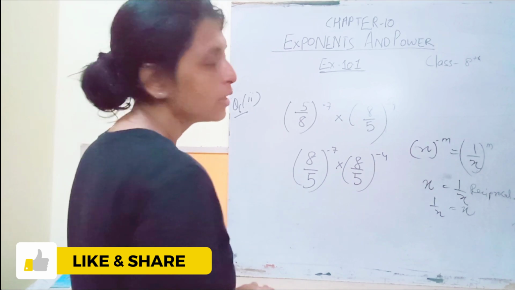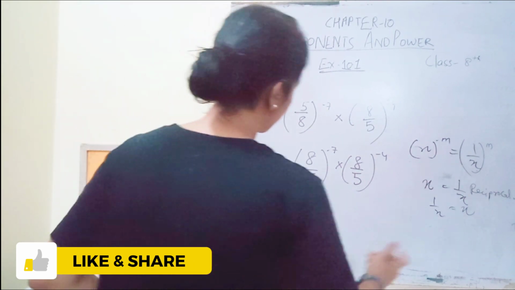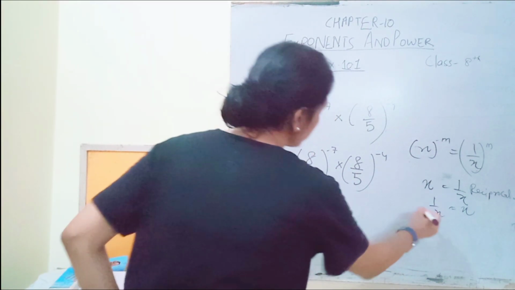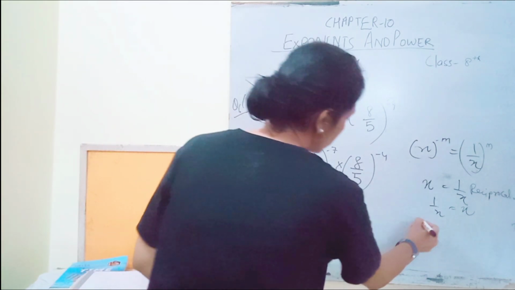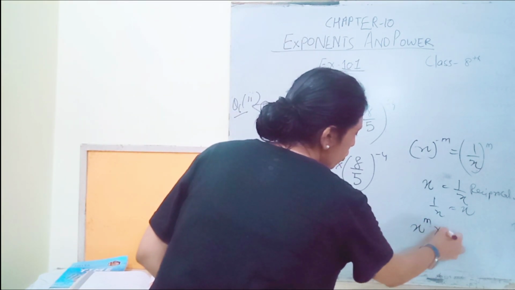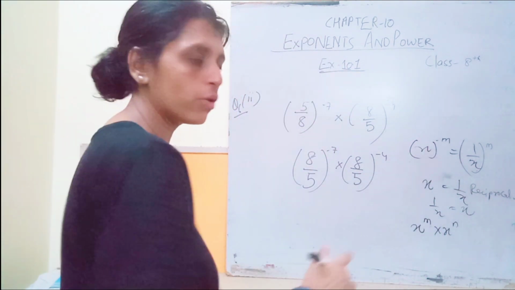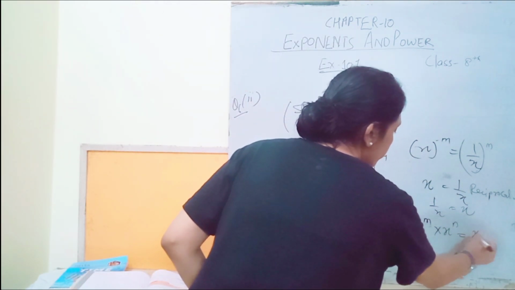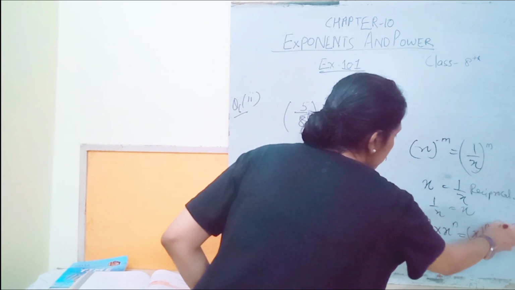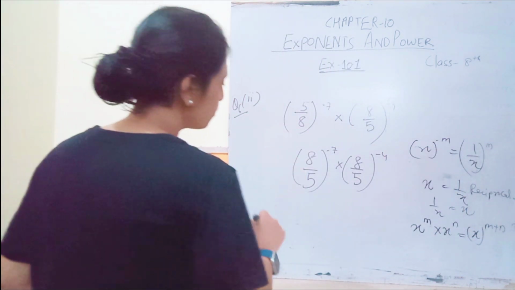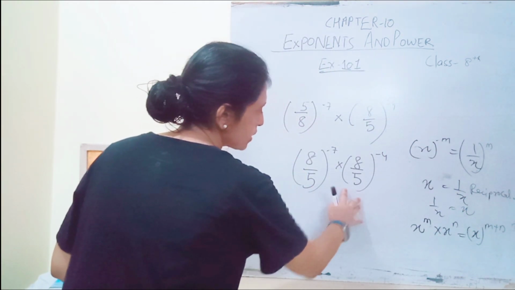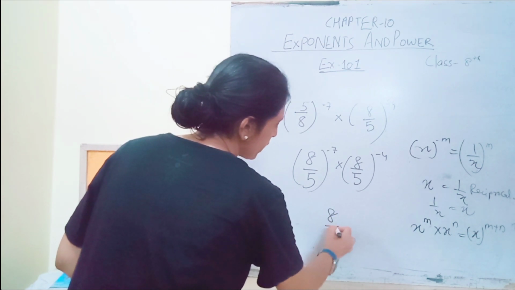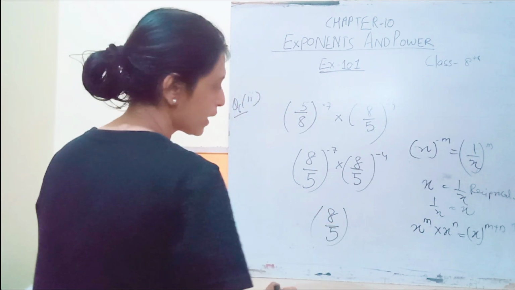Now we can apply the product rule of laws of exponents. So according to that law, जब bases same होते हैं और powers different होते हैं और operation of multiplication apply होता है, तो powers get added. So it will be m plus n, okay. Now we have got the same base 8 upon 5. So we'll write 8 upon 5 as the base and the powers.